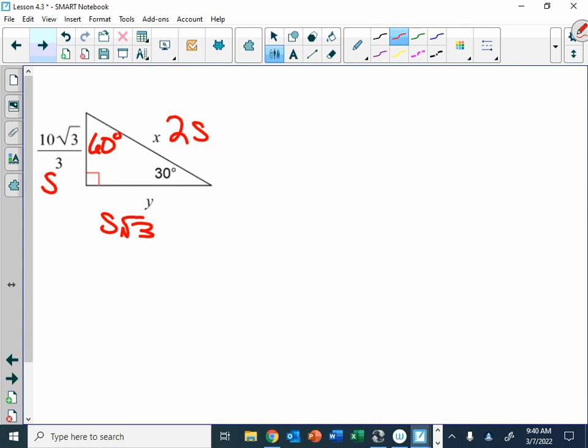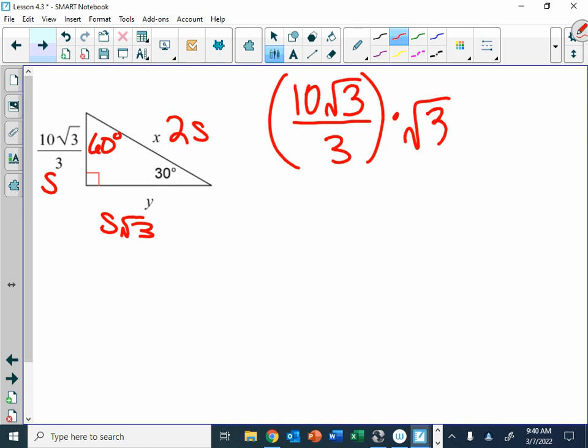What this is saying is I need to take all of S and multiply it by the square root of 3. Here's how I want you to do that in your calculator, because it can get a little messy. First, type in the numerator, hit enter. So 10 square root of 3, enter.